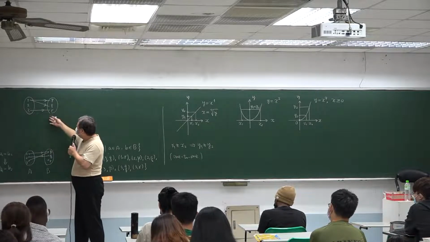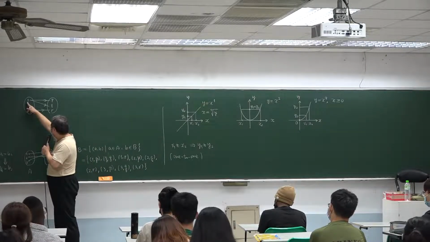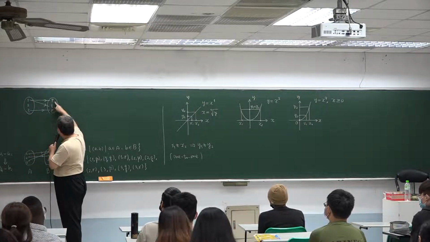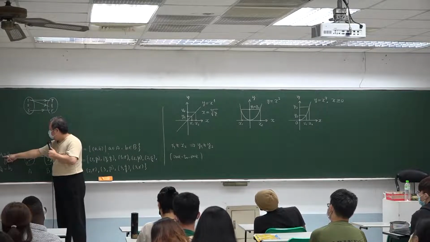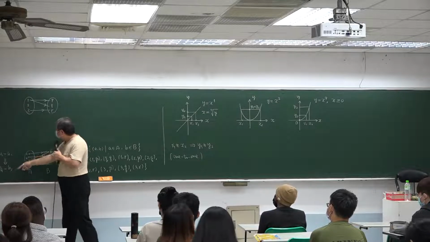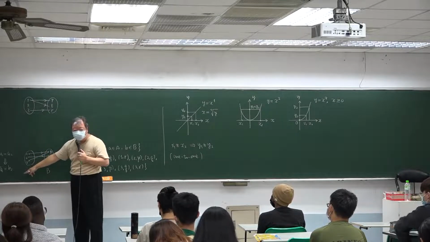Here, in this relation, if A1 is 1, A2 is 1, B1 is P, B2 is Q, then A1 equals A2 because 1 equals 1, and B1 is not equal to B2.